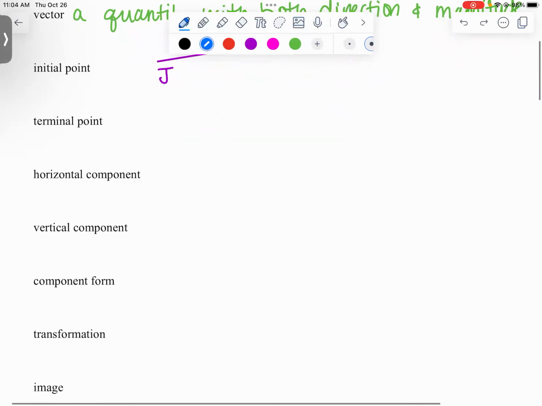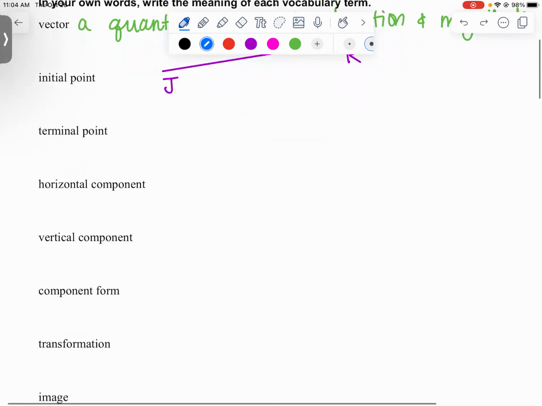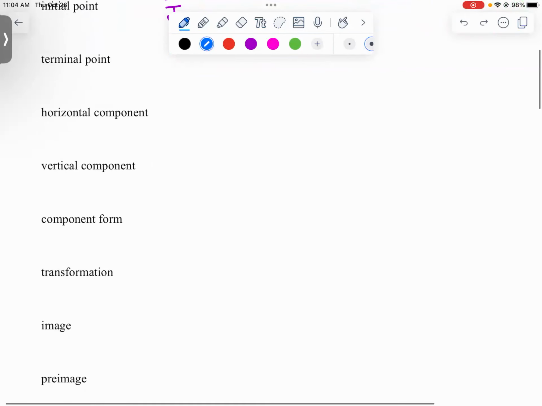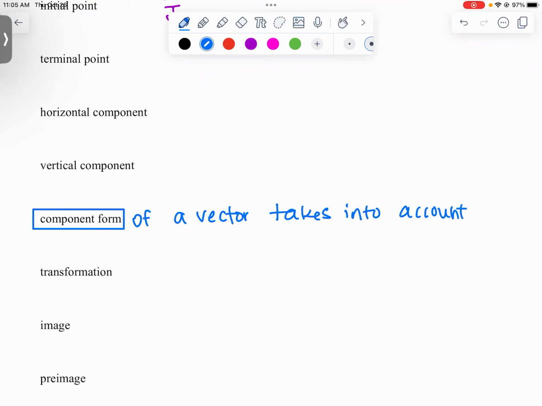All right, now, what we do need to talk about is our different components, okay? So I want you to go down here to component form. Okay, so when we talk about the component form of a vector, it takes into account the horizontal.